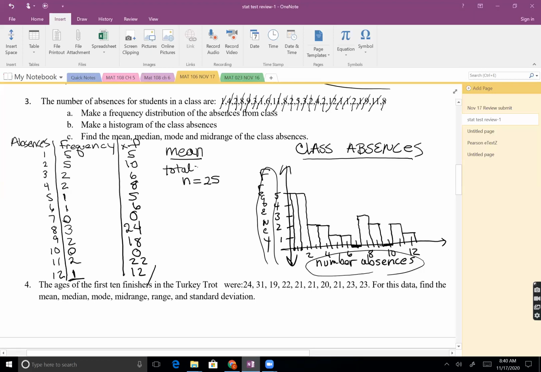I got 116. Okay, so did I. So the mean would be that total divided by the number of values, 25. And so the mean would be 4.64.